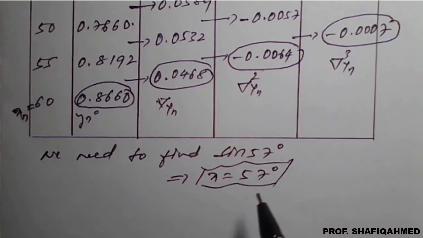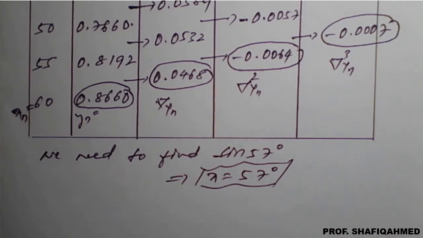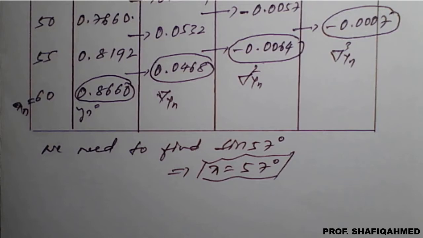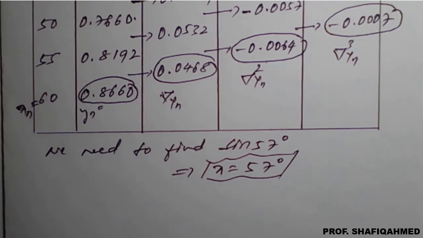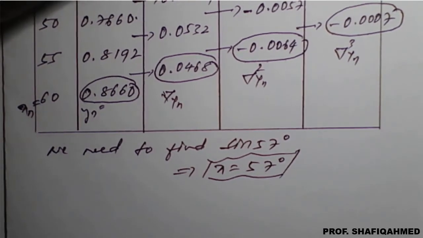So if x is 57, it is near to 60, which is nothing but near to the last value, so we need to go for the Newton backward interpolation formula.